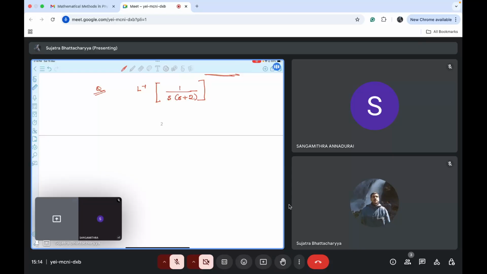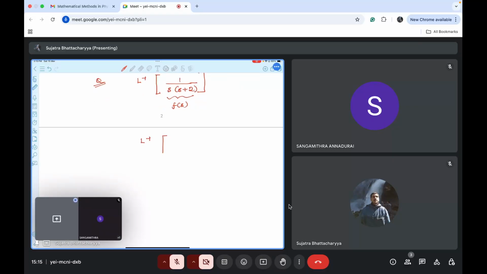So clearly, whatever it is, let's say this is some F(s). So I can write the L inverse of capital F(s) divided by s, so this is L inverse of F(s).